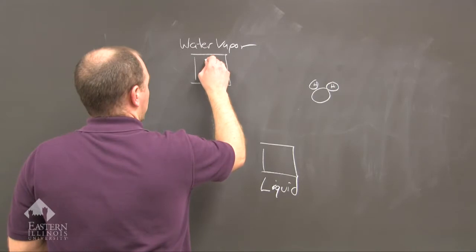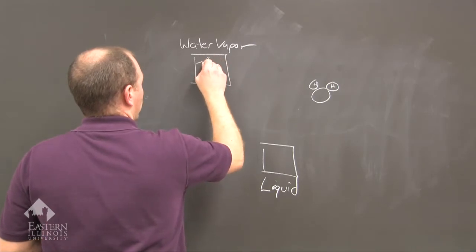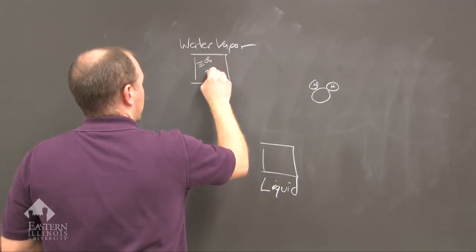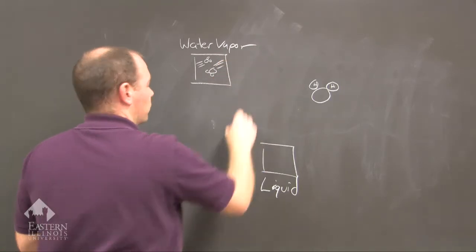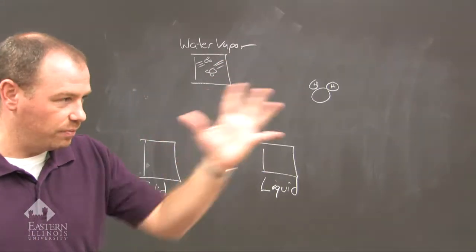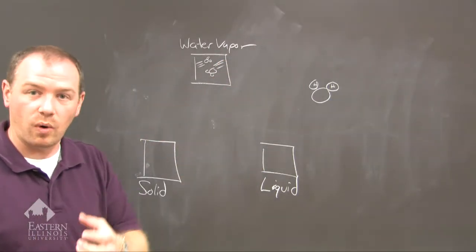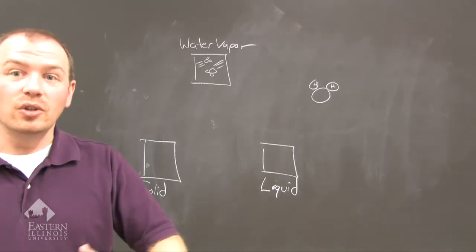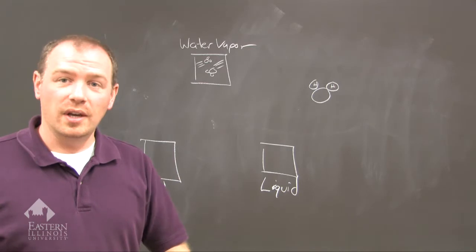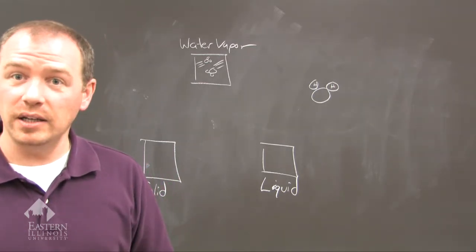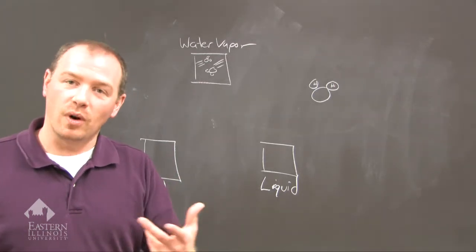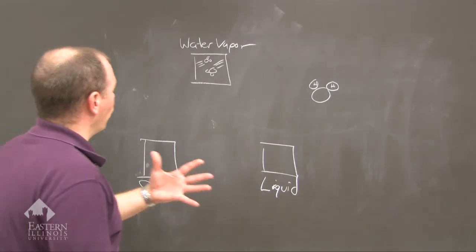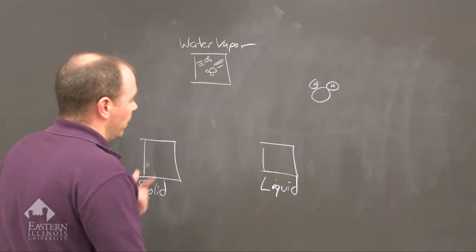Water vapor, it's a gas. So you've got these water molecules that are speeding by. You know, you could reach out and grab a bunch of water molecules because there's water vapor everywhere. Sometimes, if it's dry, you have fewer water molecules. If it's very moist and saturated, you have a lot of water molecules in the air. So water vapor is a gas.